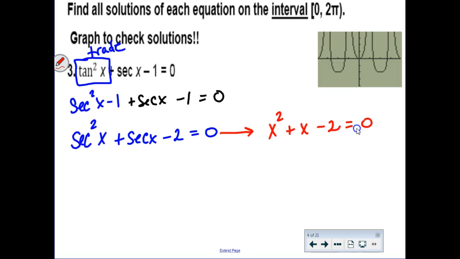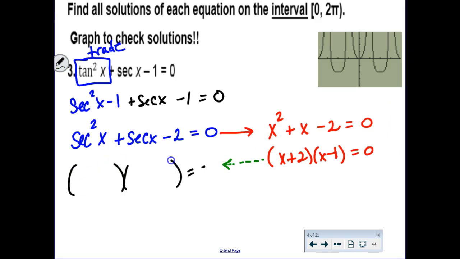Instead of using secants, I'm going to just use x. And when we factor that baby question, you get x plus 2 times x minus 1 as your factors. So now I'm going to go back to the trig and use that same factoring pattern, except with secants instead of x's. So secant plus 2 and secant minus 1.